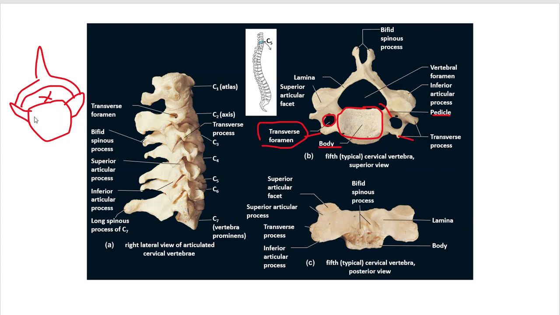So between the body and the transverse is going to be called the pedicle. Between the transverse and the very back is going to be called the lamina. That's definitely on your list, guys. This thing on the back is going to be called the spinous process. Okay, so this hole right here that the spinal cord sits in is called the vertebral foramina.